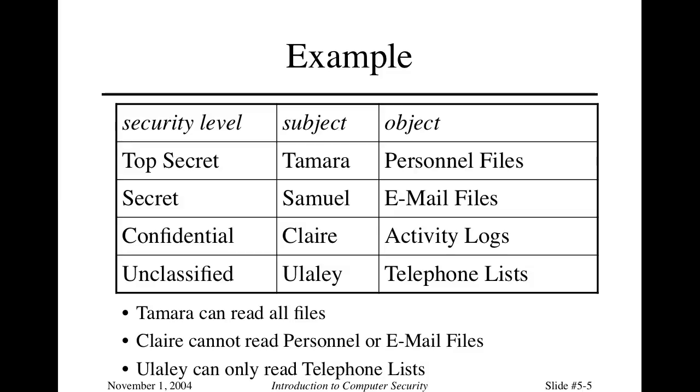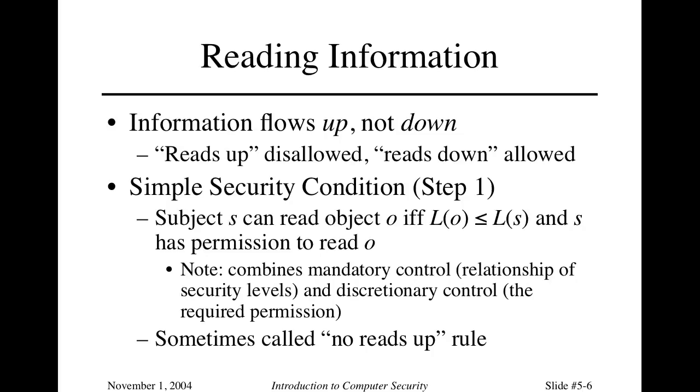So the label is very important. Mandatory access control system is also called labeled security system. A more formal description is like this: we allow the information to flow up, not down.